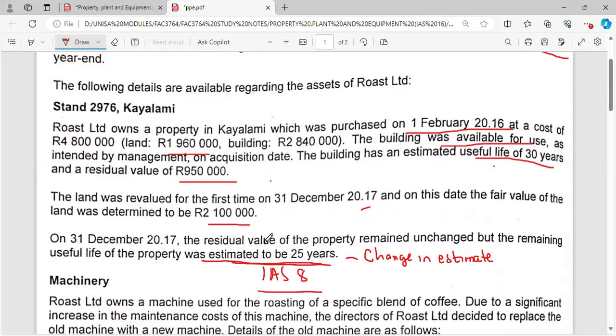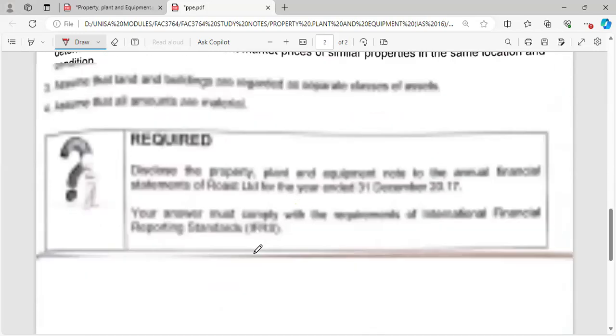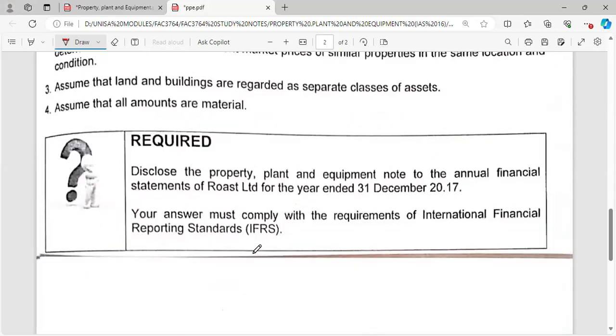Right, so let's look at where we start. Who can determine where we start? The question requires us to disclose the property, plant and equipment note. Where should we start when we are answering this kind of question in the exam?